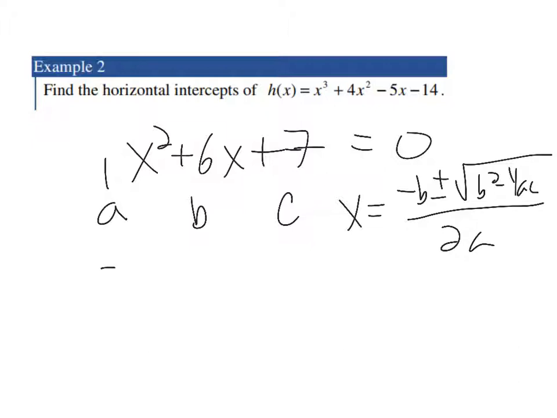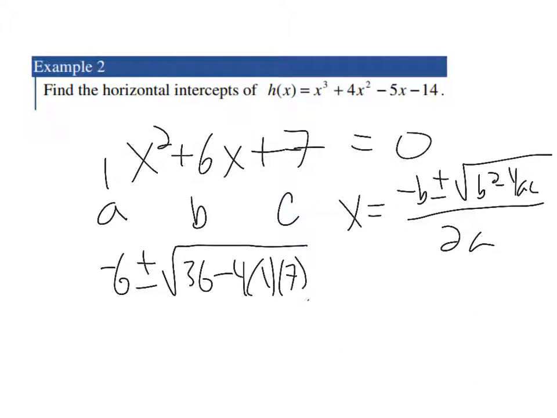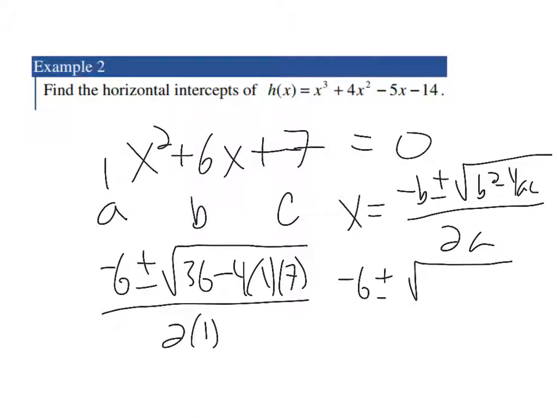So negative 6 plus or minus the square root of 6 squared is 36, minus 4 times 1 times 7, all over 2 times 1, which is negative 6 plus or minus the square root of 36 minus 28, all over 2. 36 minus 28 is a difference of 8, isn't it?